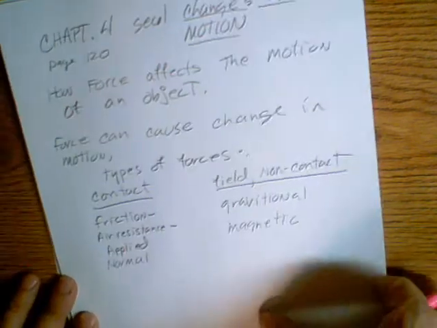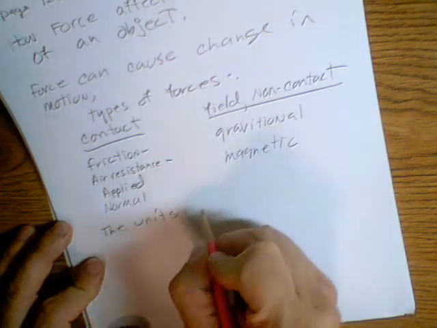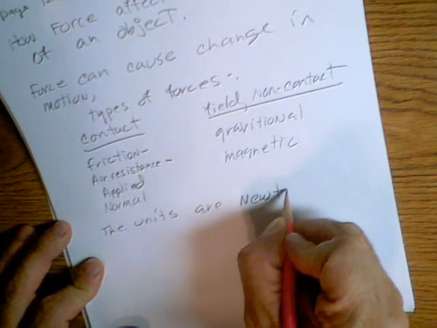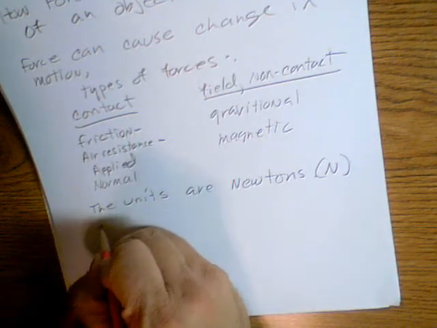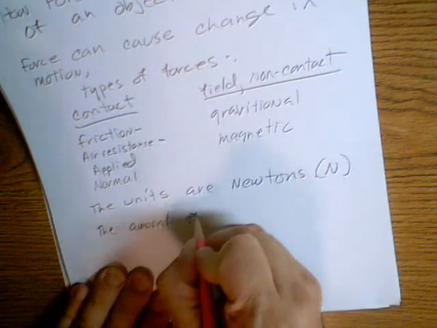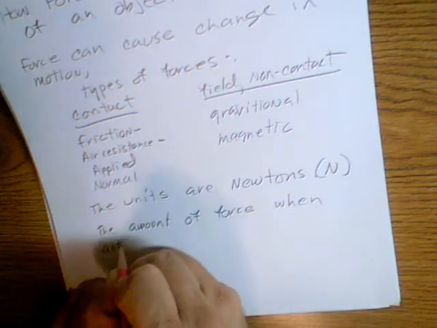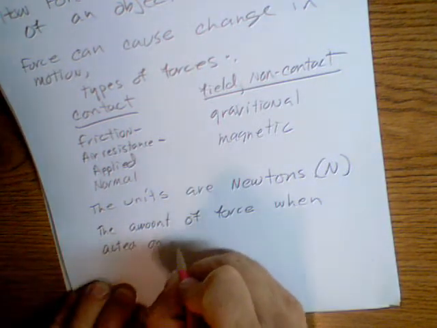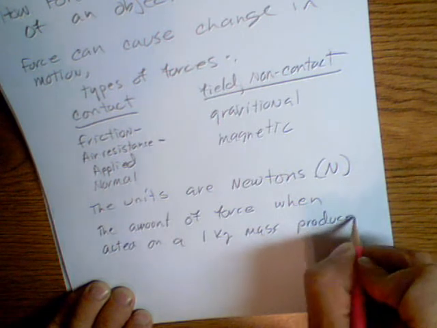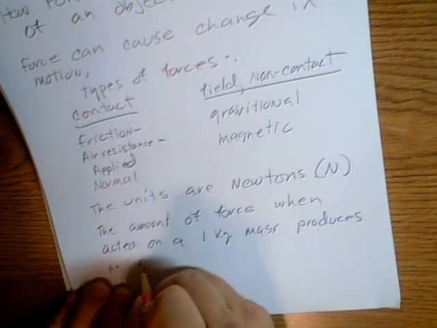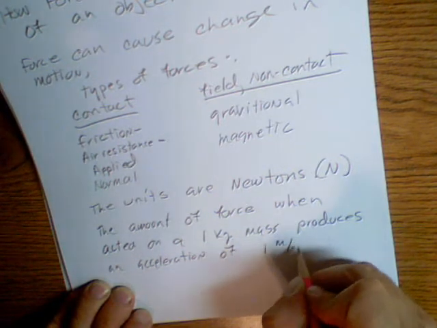The unit for forces are newtons. And a newton is the amount of force that, when acted on a 1 kilogram mass, produces an acceleration of 1 meter per second squared.